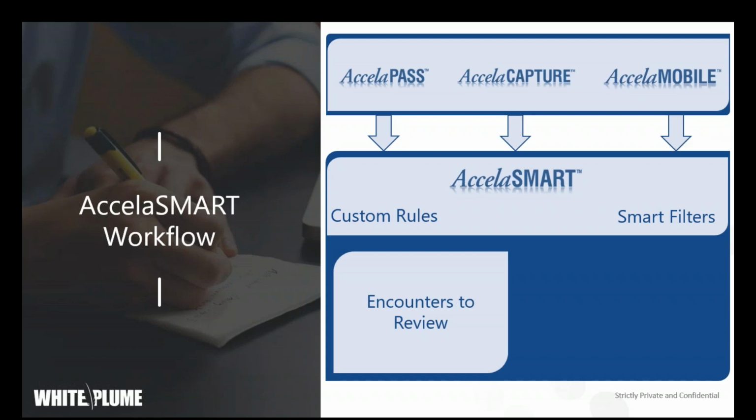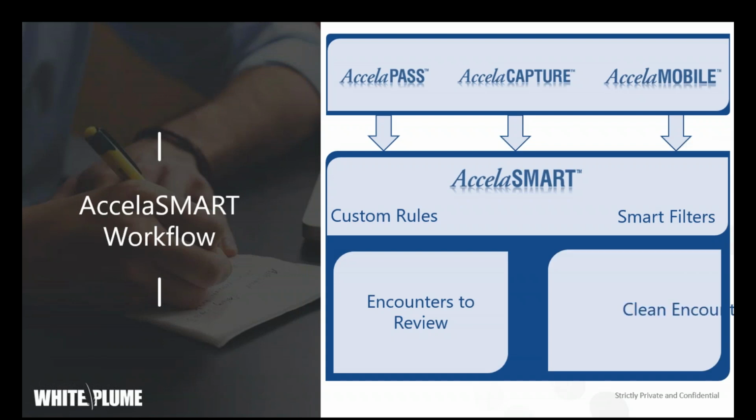The first one is encounters that need review, and the second one are encounters that are clean. So if an encounter or a group of encounters comes in and the coding was relatively straightforward, there weren't any mismodifiers or bundling problems or medical necessity problems, it's going to flow into that right-hand side for clean encounters.